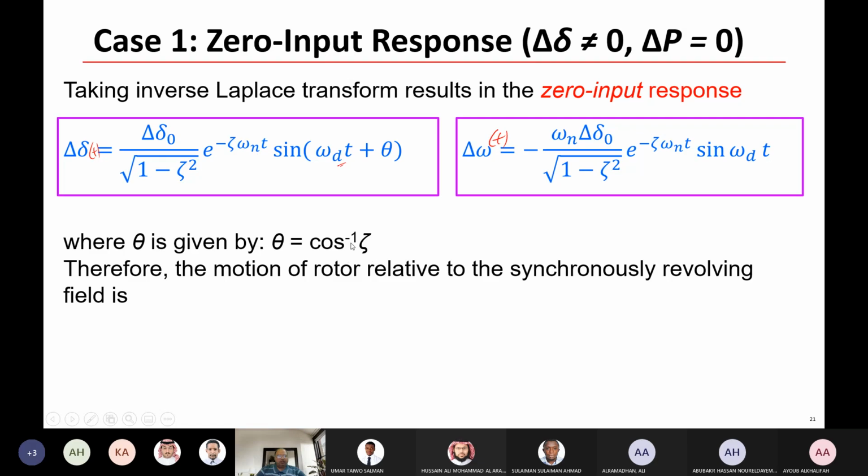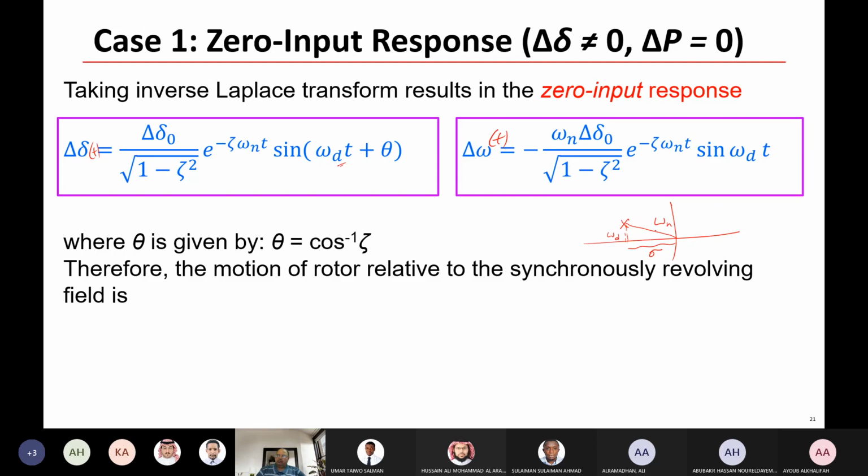Theta equals cosine inverse zeta. As we mentioned earlier, in this diagram this is sigma, this is omega d, and this is omega n.